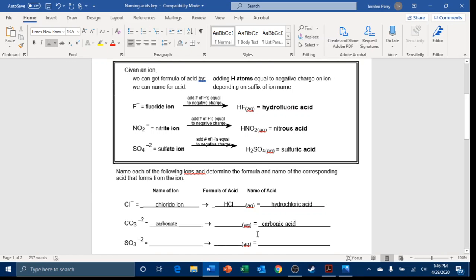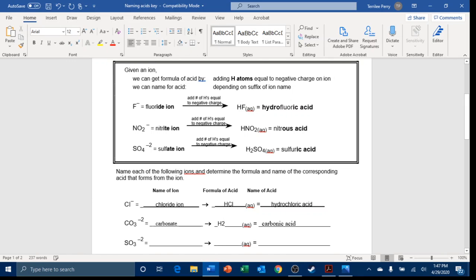Now for the formula, you have an H+, and then you have the CO3 2 minus. Remember, you're going to go crisscross. You may not remember that, but if you go crisscross, then this 2 is going to be the number down here.